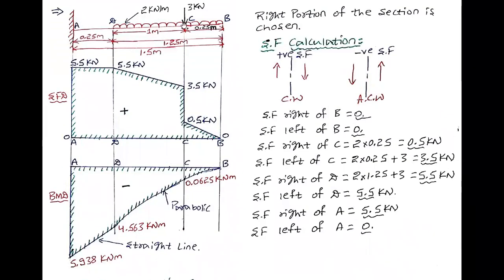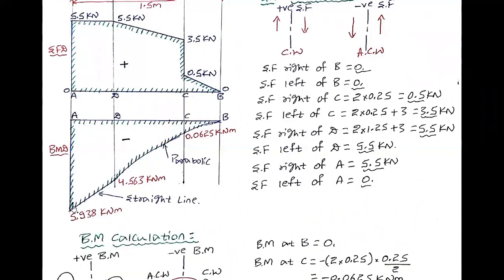From D to C, the beam is subjected to uniformly distributed load. For uniformly distributed load, for shear force the variation will be linear. For bending moment, the variation will be parabolic. See, it is parabolic.